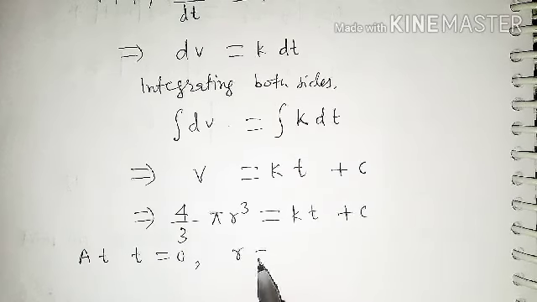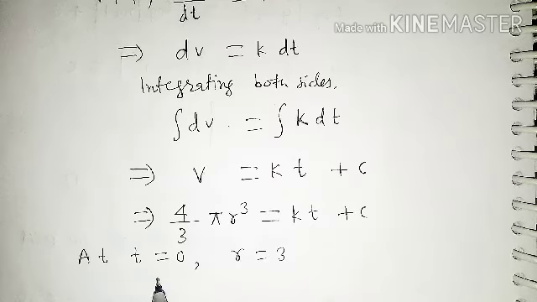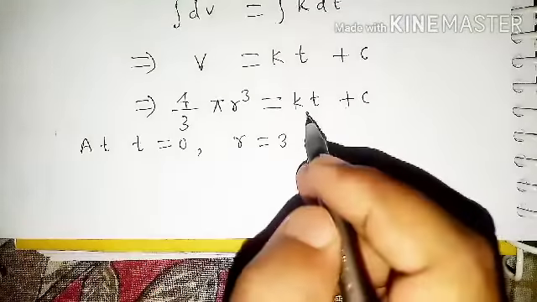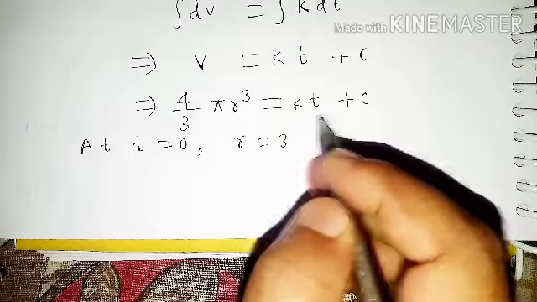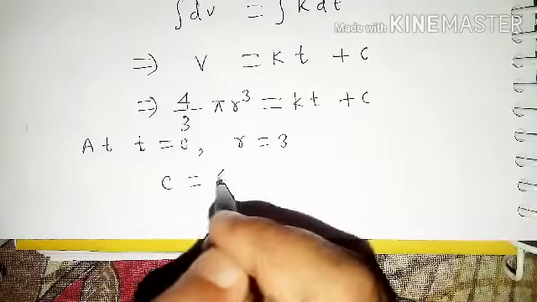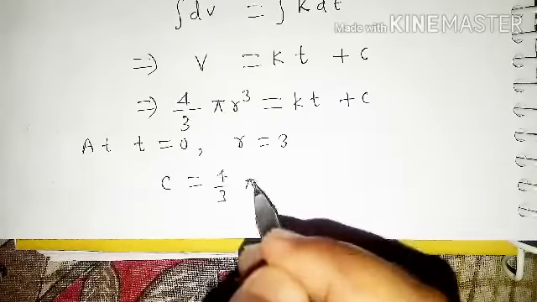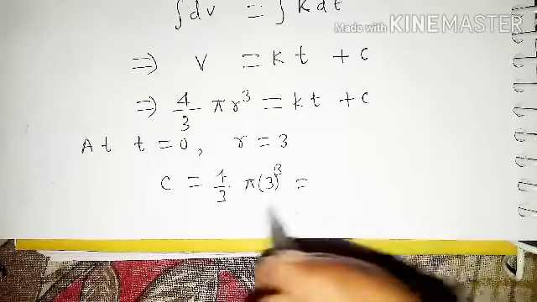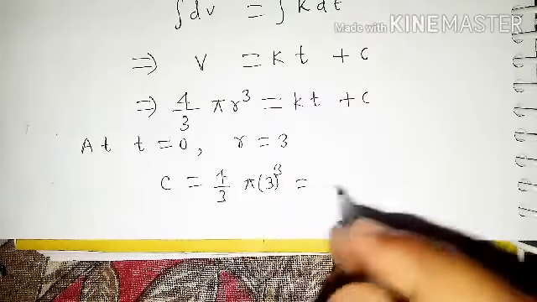its radius is 3. If we put t equal to 0, then kt becomes 0. We have c is equal to 4 by 3 pi 3 cube. Then from here, 3 square, so we have 36 pi.